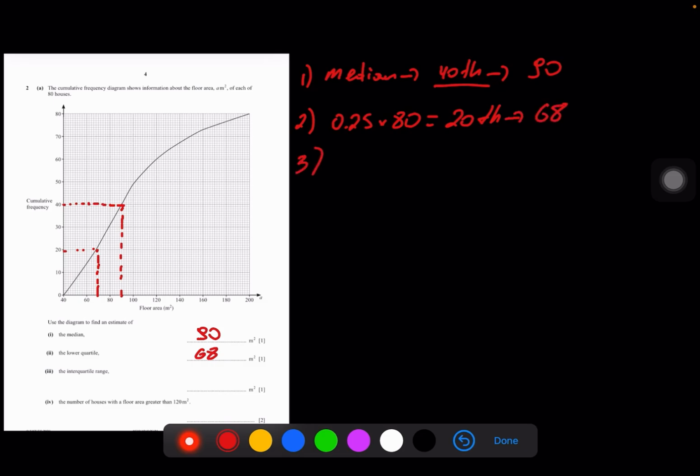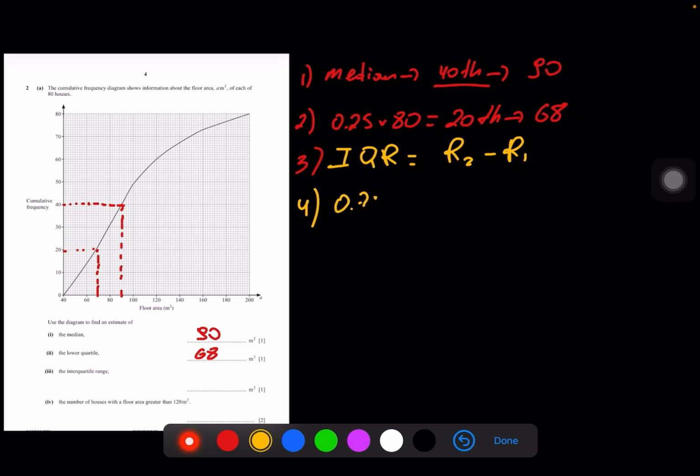And thirdly, the interquartile range. They want us to calculate the IQR, the interquartile range. It means R2 minus R1, where R2 is the upper quartile and R1 is the lower quartile. The upper quartile is 75% of the whole data.